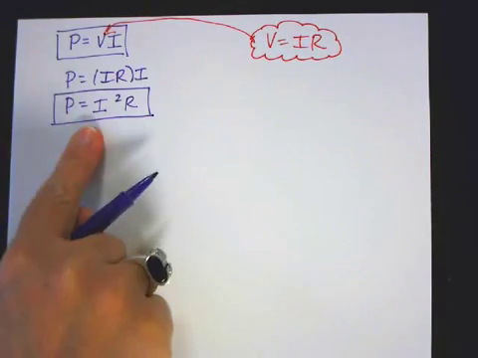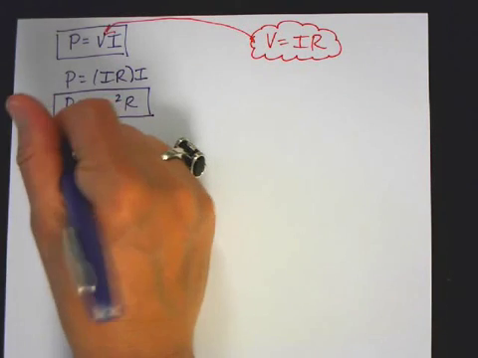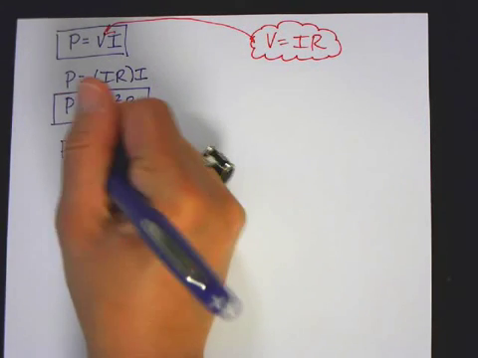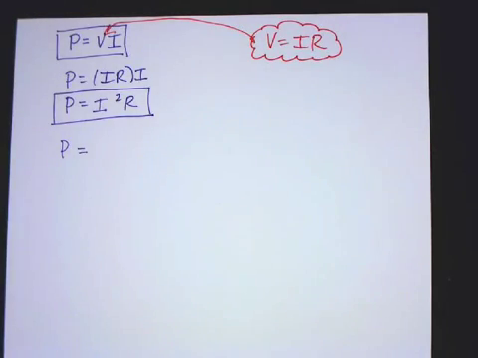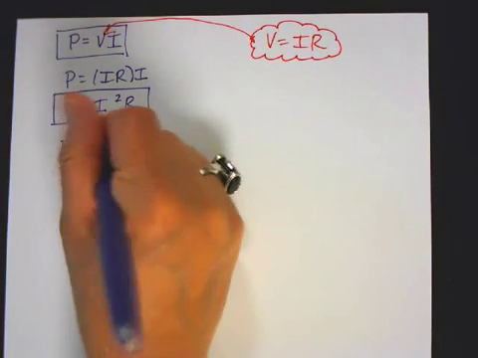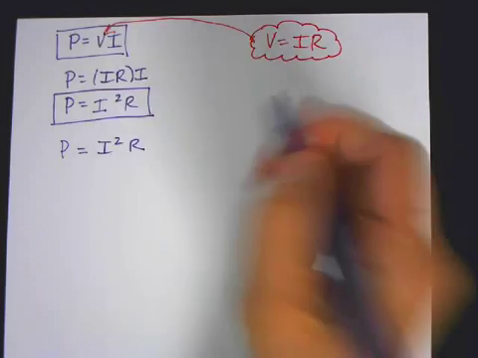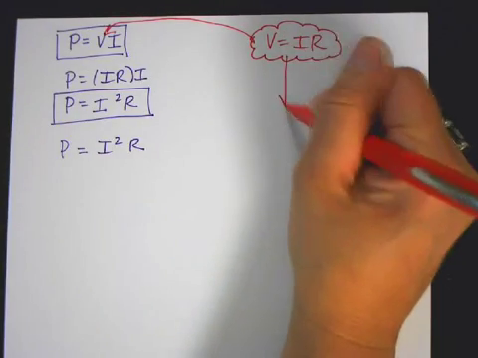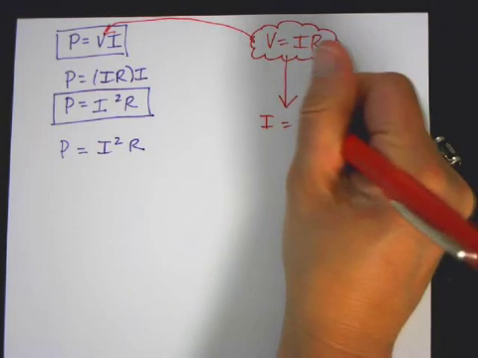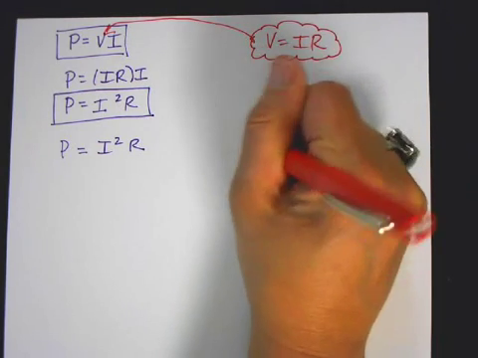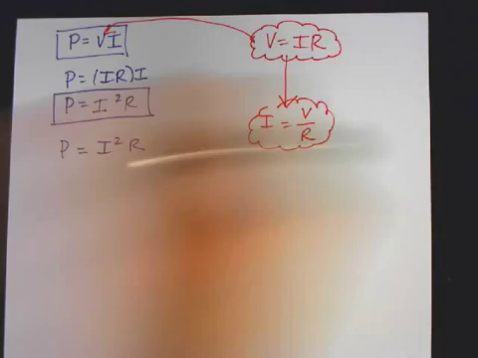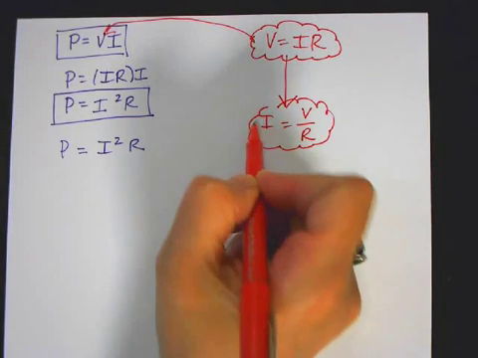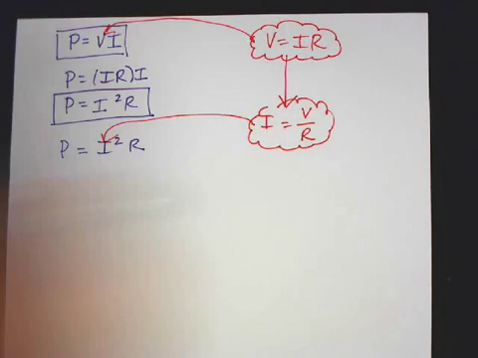Now, what if I take this equation, power is equal to I squared R, and I also know from Ohm's law that I is equal to V over R. What if I substitute this in here?